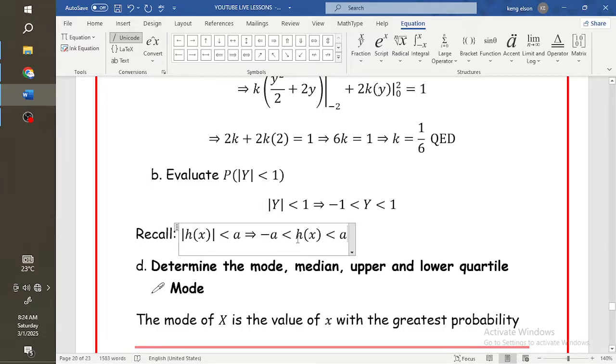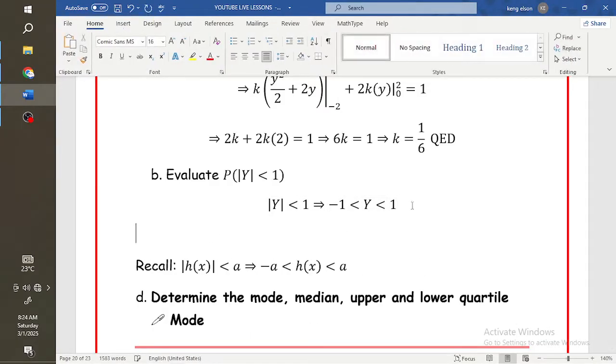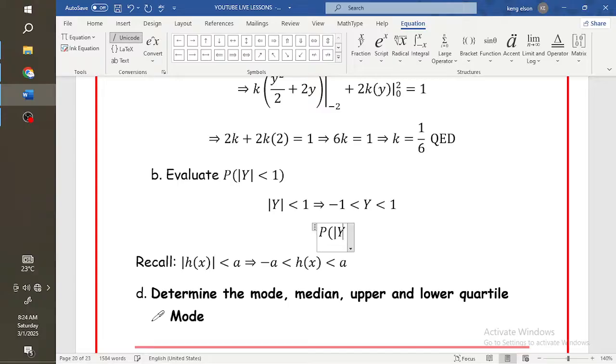Then you now solve for x. So in this case, you see that my h is like capital Y and my a is 1. That's why I just deduced directly. Okay, so it therefore means that the probability of the absolute value of y less than 1 is the same as the probability of minus 1 less than y less than 1.